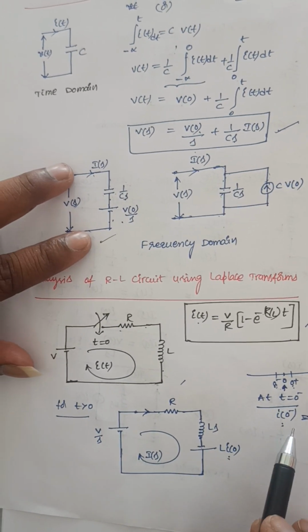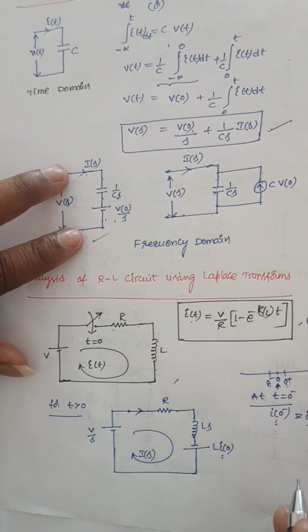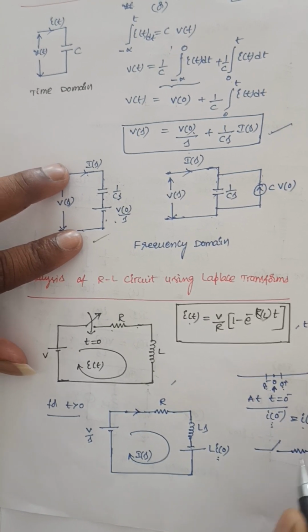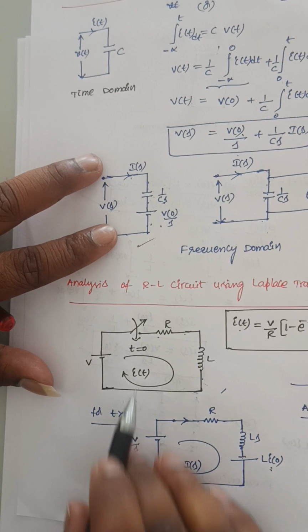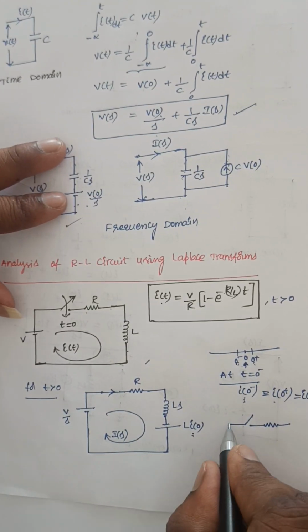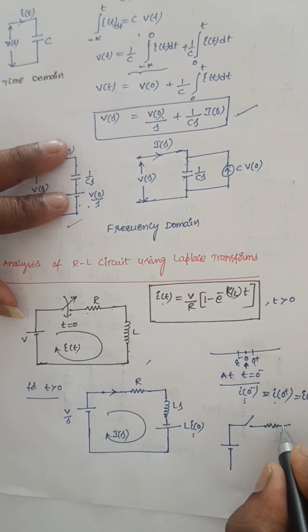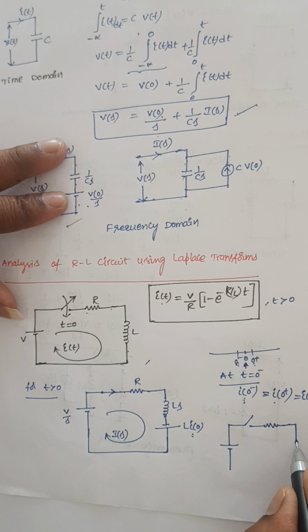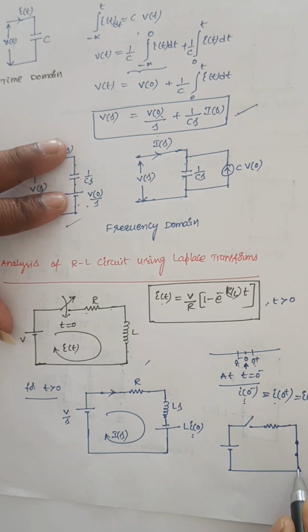So at t is equal to 0 minus, if I draw this circuit, it will be like this. The switch is in the open position. So here this supply is not connected, and the inductor under steady state condition will act as a short circuit.